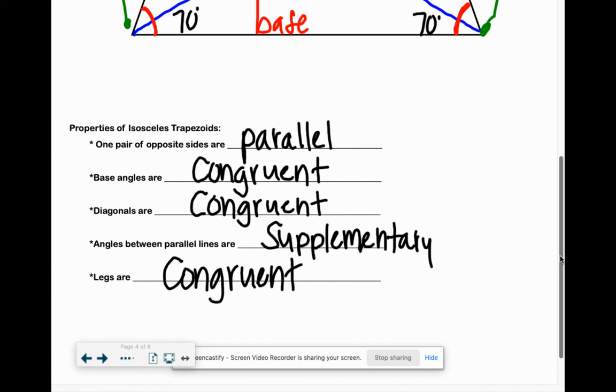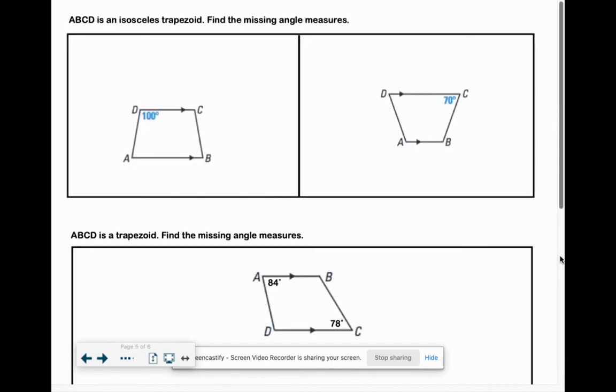Okay, and then we just have a few examples on the back to do, just to make sure we know what's going on, on that last page of our packet. So we're told we have an isosceles trapezoid. Find the missing angle measures.